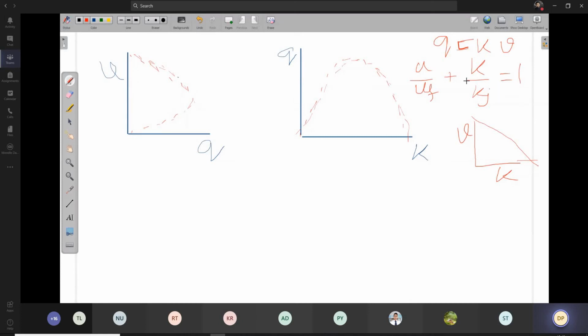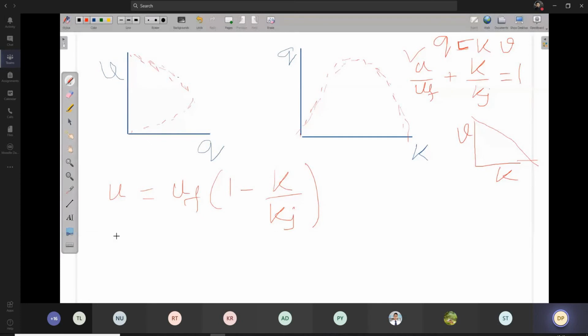Now apply these equations that are written there. If I want to find the relationship between U and Q, I can find the value of U from this equation: U is equal to Uf into 1 minus K divided by Kj.